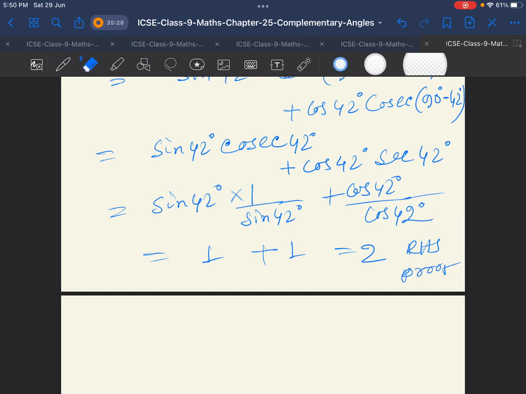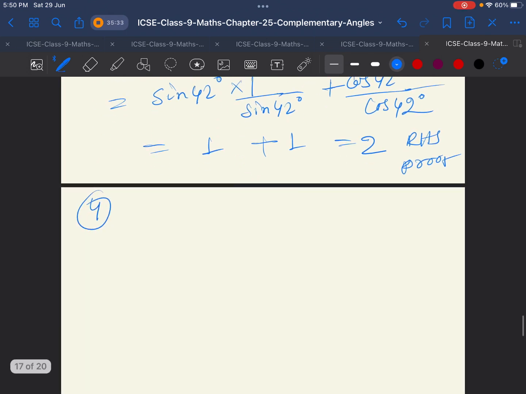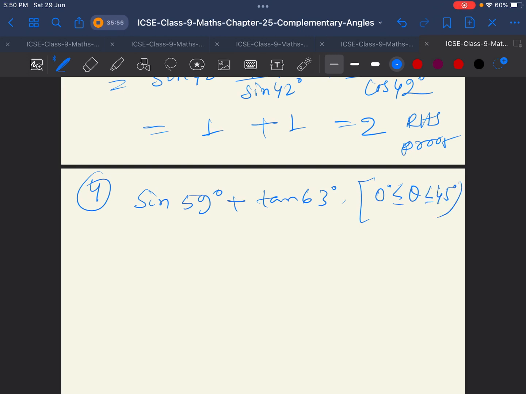So now we see question number 4. Express each of the following in terms of angle between 0 and 45 degree. Sine 59 degree plus tan of 63 degree. Here theta lies between 0 and 45 degree.